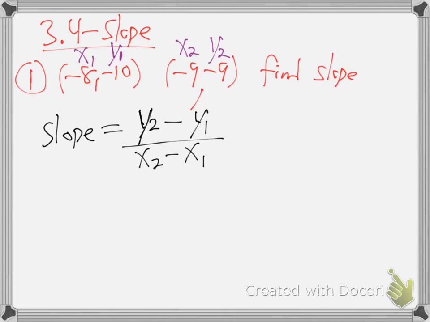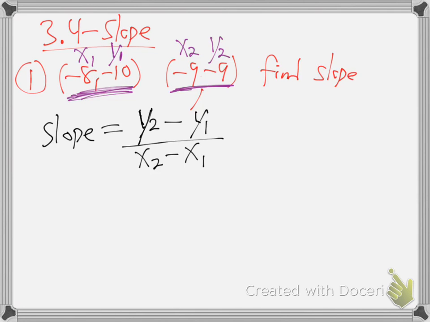So when we say x1, y1, we mean the first point's x and y value. You know, it's always x first, then y, isn't it? Those little subscripts are the point number. So the first point's x and y value, and then the second point's x and y value, x2, y2. That's what we're meaning.